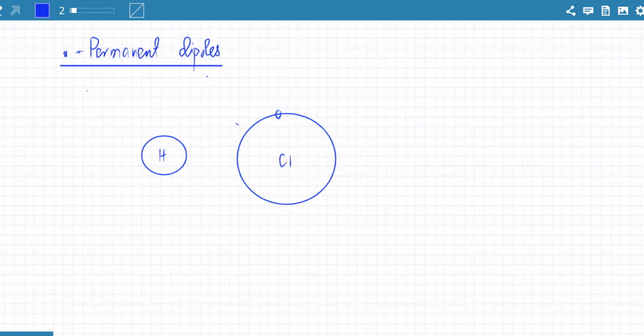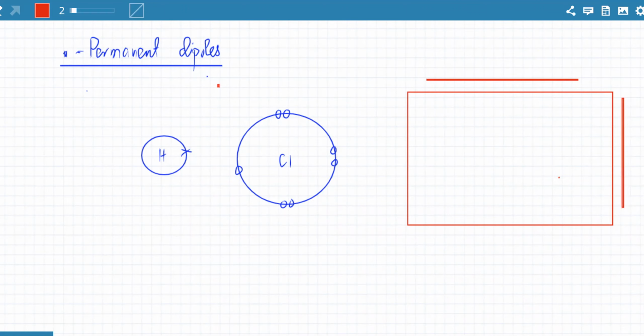Now Cl has 7 electrons in its outer shell, and H only has 1 electron, right? The thing with these atoms is that you have this periodic table. When you move to the right of the periodic table, and when you move upward, there's a thing called electronegativity.